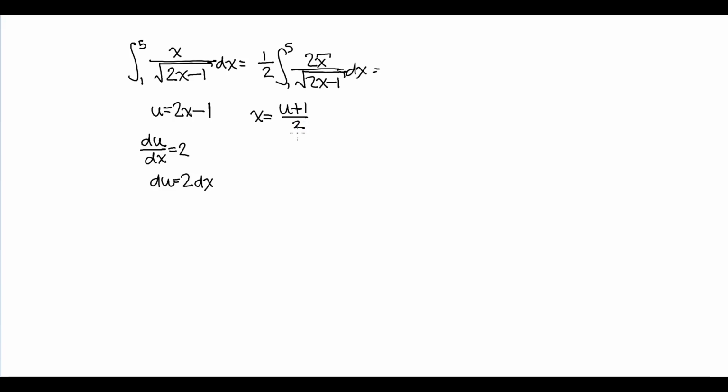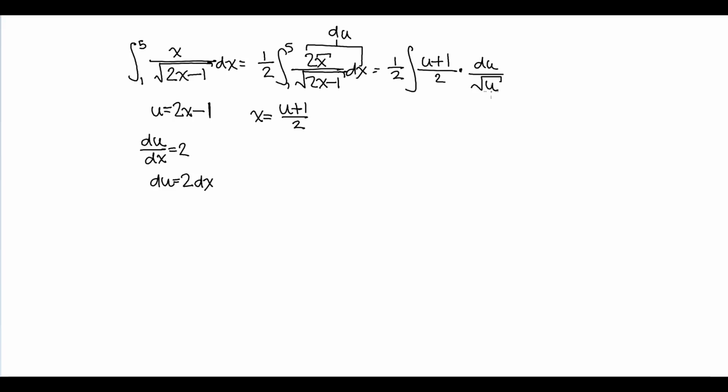Now, if we make our substitution, you have 1/2 times u plus 1 over 2 times du over the square root of u, since 2 dx is du. Okay, so you have what looks like a very scary integral.